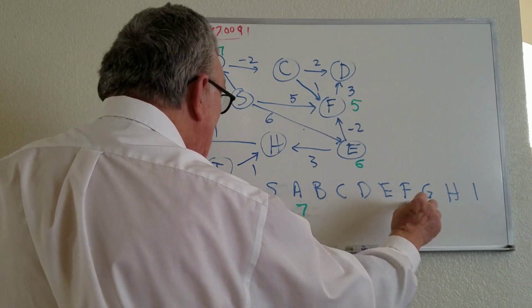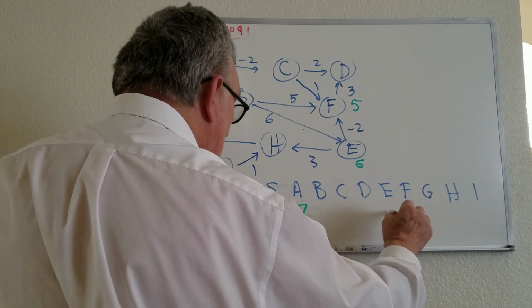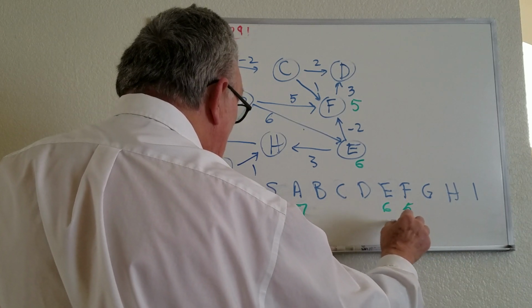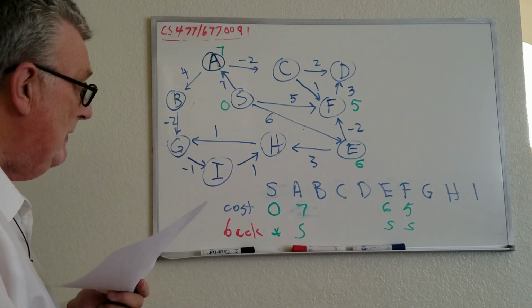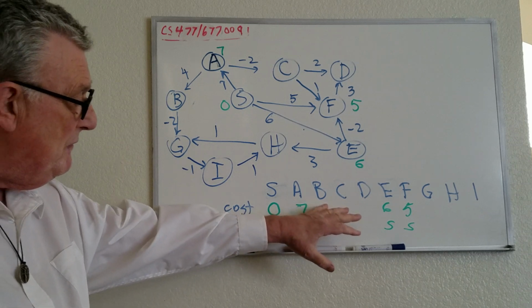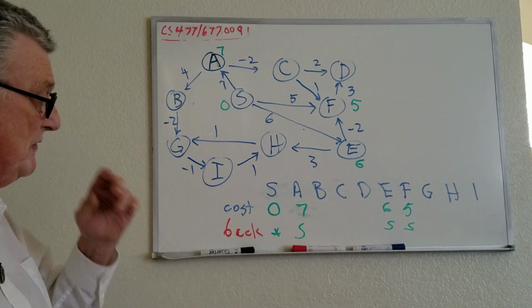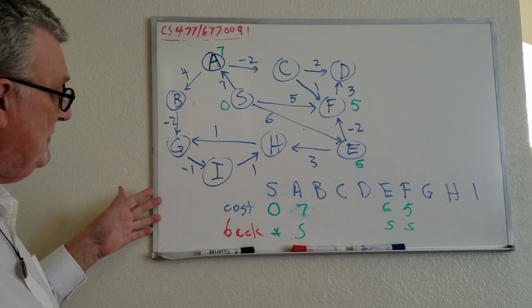For F the back pointer is S and the value is 5. And for E the value is 6 and the back pointer is S. Now theoretically we are looking at all the edges, but we don't get anything smaller than infinity for the other 6 edges yet, because we have not found any path to those nodes.